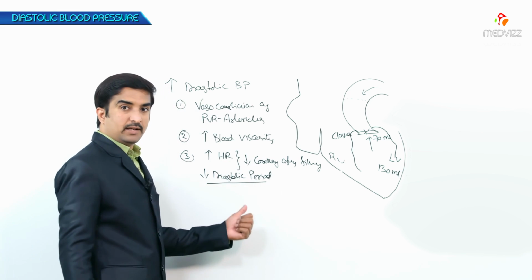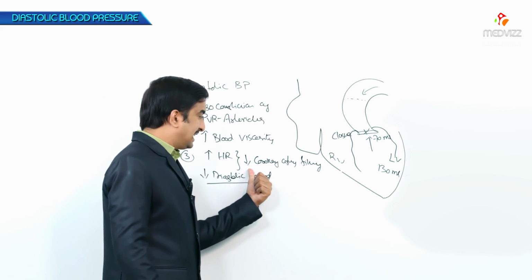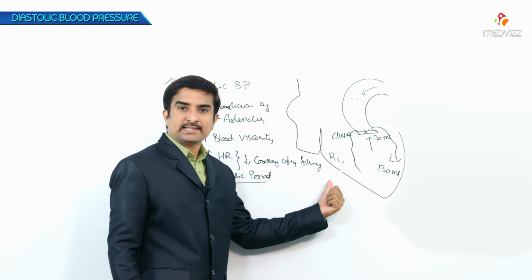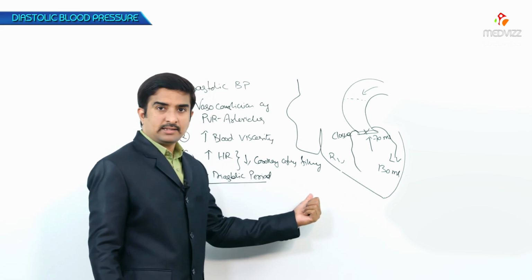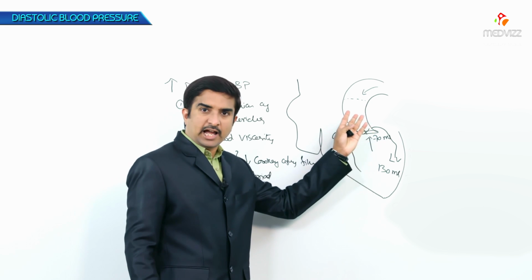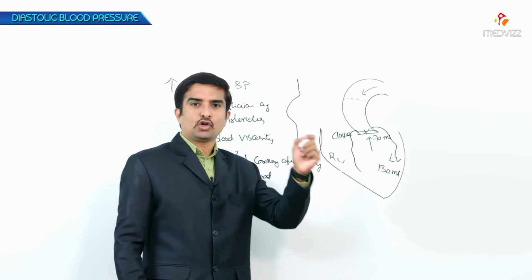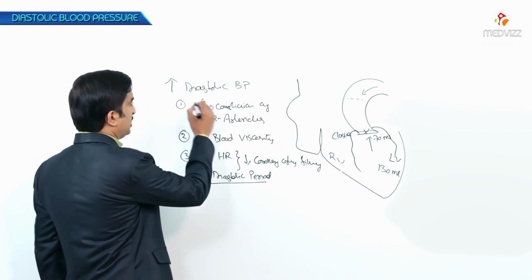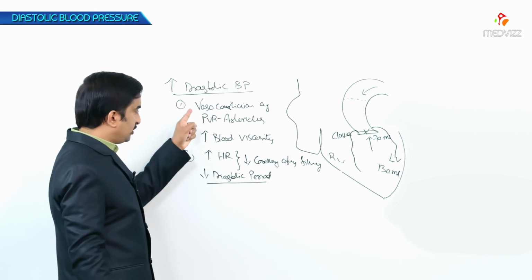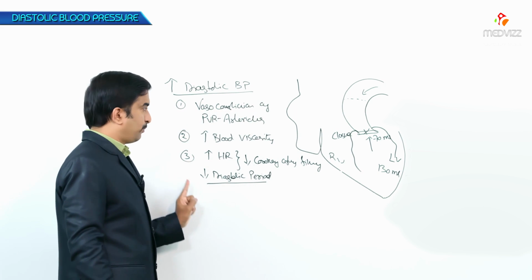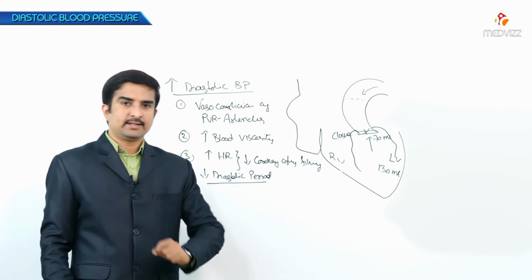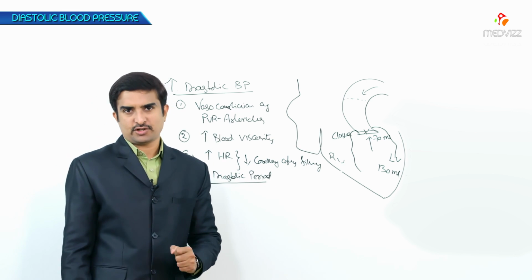Decrease in the diastolic period of the cardiac cycle causes decrease in the coronary artery filling capacity. So, that causes more blood to be present in the aorta during diastole, causing an increase in the diastolic blood pressure. So, these are the three important factors which are responsible for increase in the diastolic blood pressure.